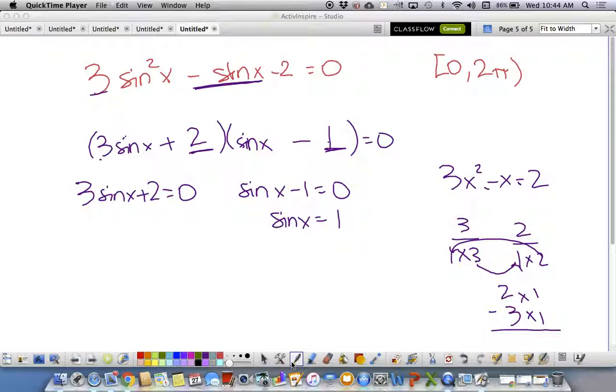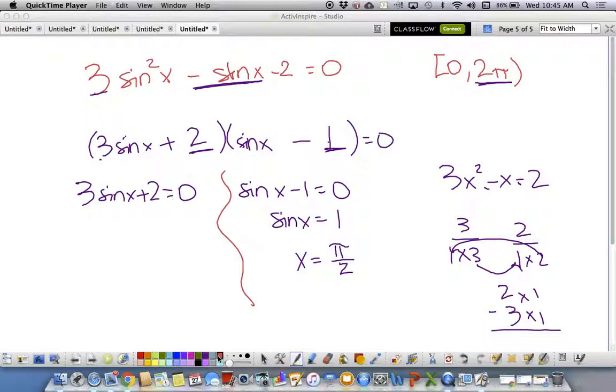What mode are we in? Radian. This right here says I need to be in radian mode. So x equals pi over 2. Is that the only time sine will be 1 within a 2 pi period? Yes, it will. Okay, so we're done with that equation.